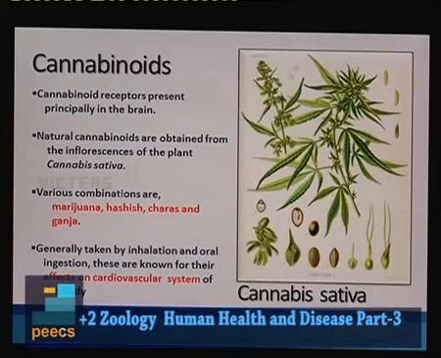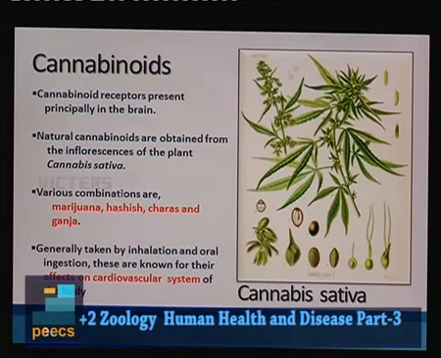Now we have a category called cannabinoids. Cannabinoids are hallucinogens or psychedelic drugs which alter all the sensory perceptions. In particular, these are hallucinogens obtained from Cannabis sativa or the hemp plant. Here in this picture you can see Cannabis sativa.